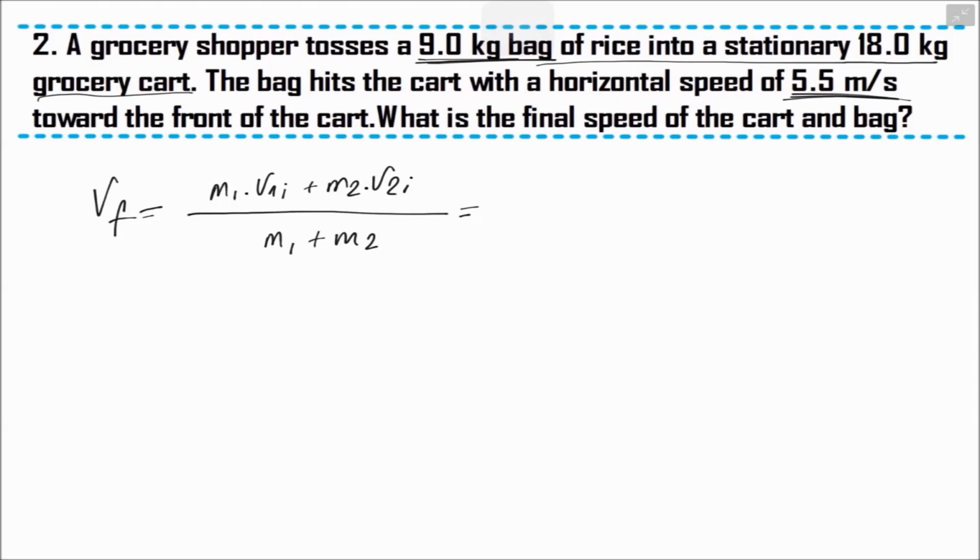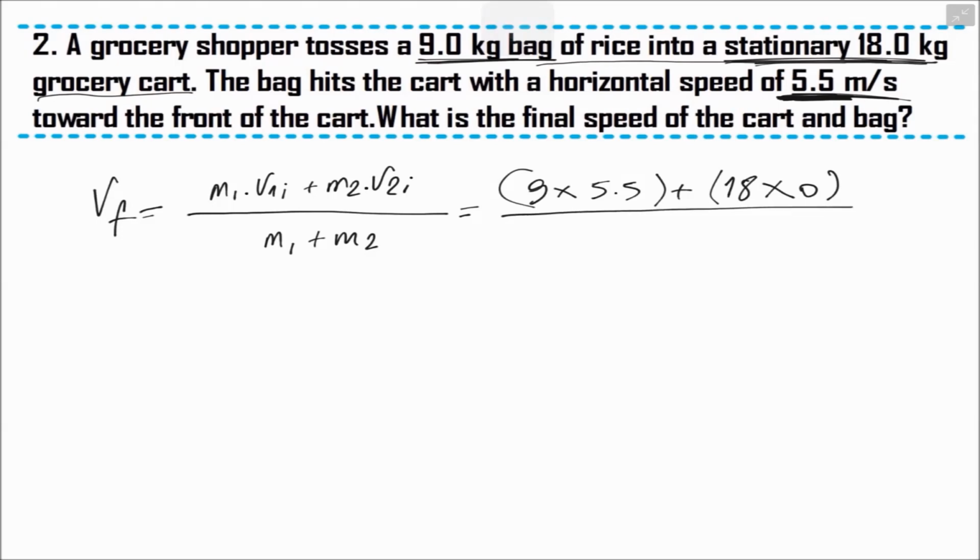The m1 is the 9 kilogram times the initial velocity of m1, which is given as 5.5, plus mass 2, the mass of the grocery cart, 18 kilogram, times 0, because stationary means it's initially at rest, over 9 plus 18.